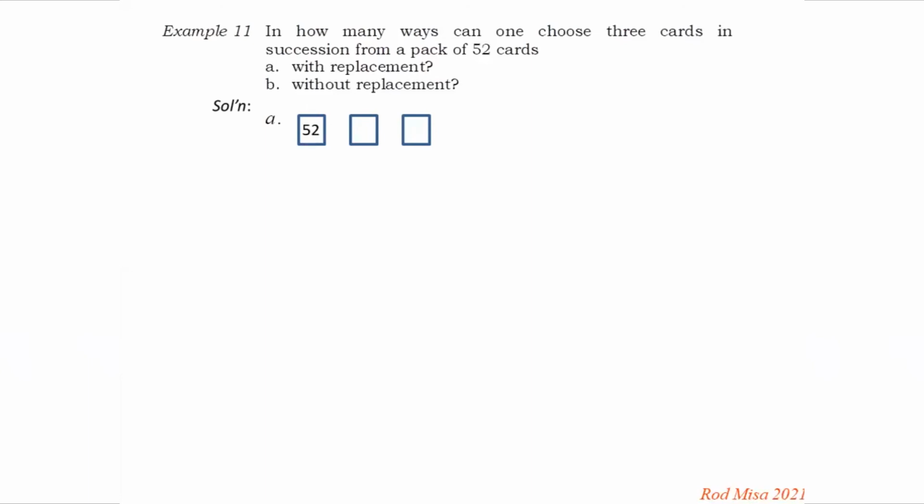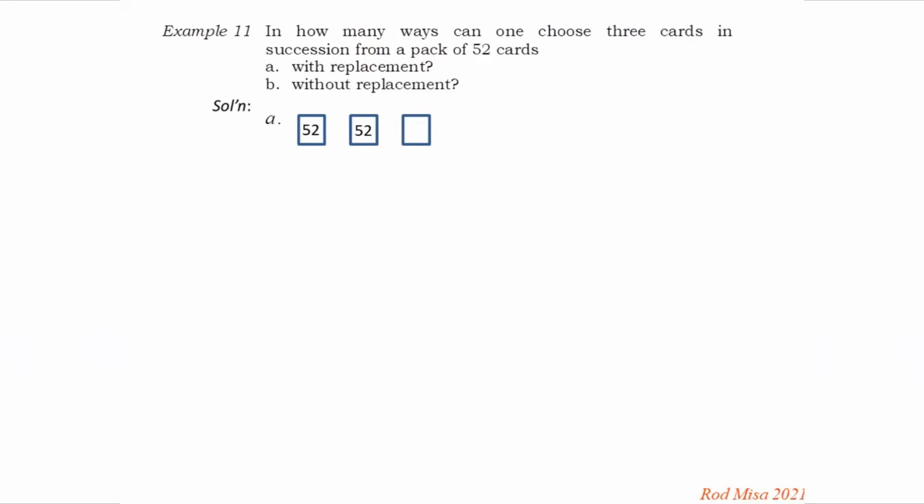But remember, after you draw the first card, you will return this card to the standard deck of cards and shuffle the whole deck again. And then you will choose your second card. So for your second draw, you can have 52 choices for your second card because you still have 52 cards there.